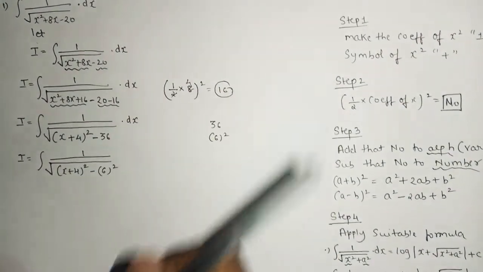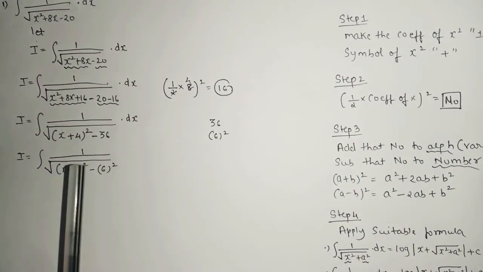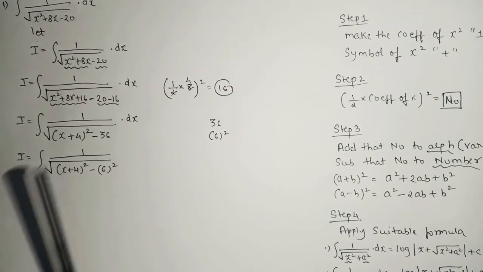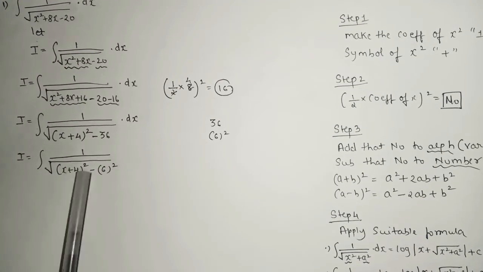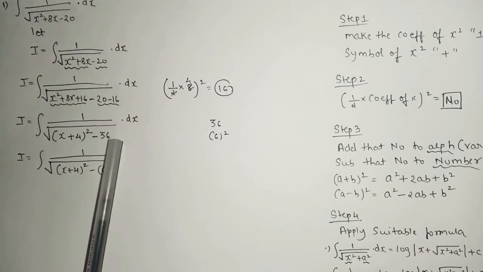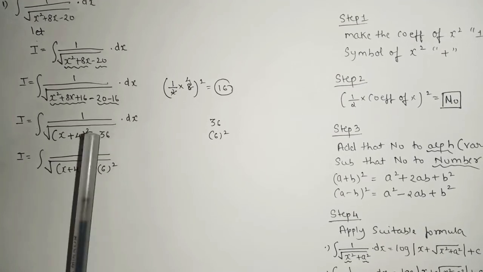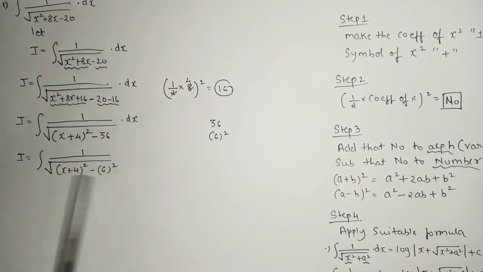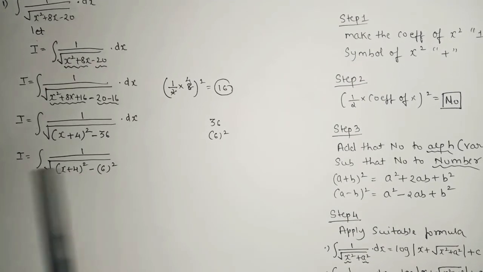You will get the previous step. It is a very important step. Remember this, keep this step in your mind. If this part is in whole square, you have to write the second section, that is the number, also in the whole square form. After this step only you have to apply the suitable formula.